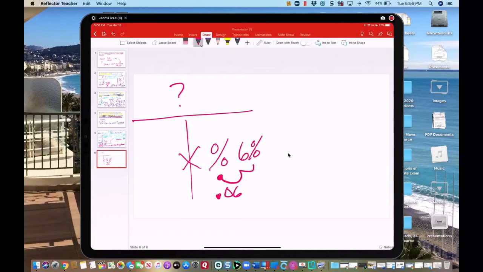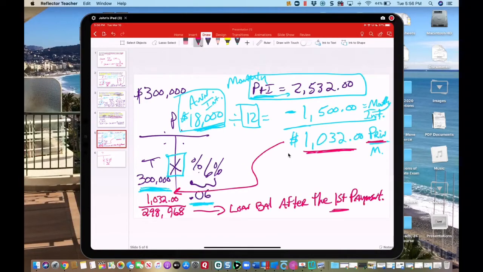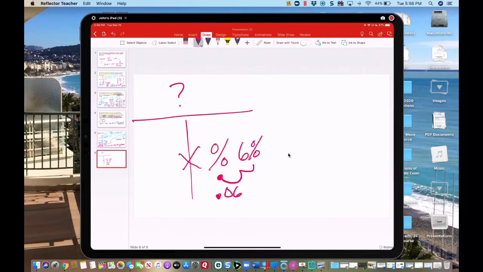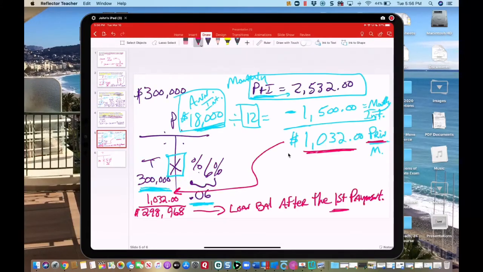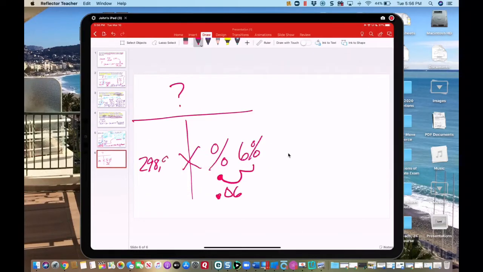Well, we can't use this number because we have a new loan balance down here. See that? So we have to take the $298,968, which is our new loan balance. That's the total. This is part. And our math tells us to what? Multiply. So we're just going back through the steps again.